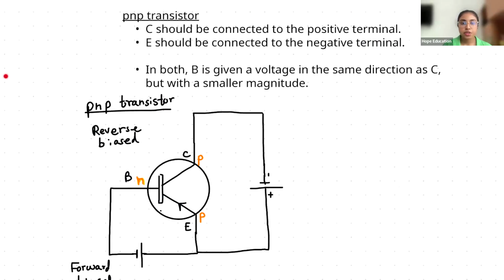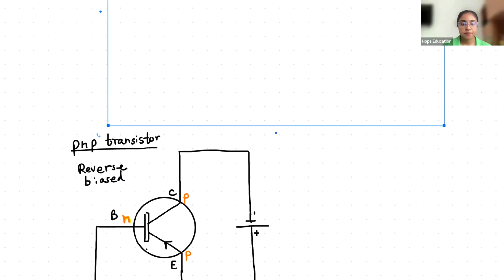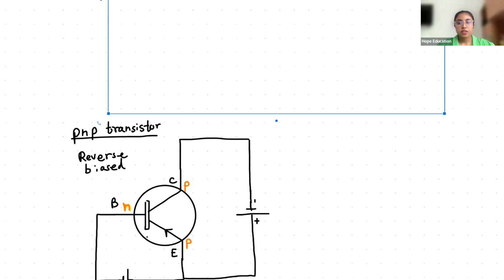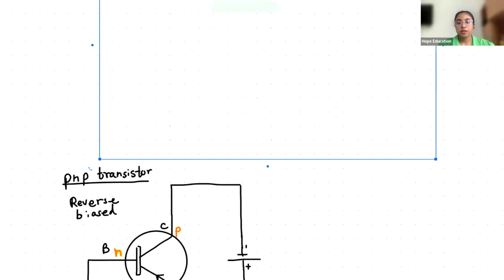Let's fix a small thing in the note. C should be connected to the negative terminal and E should be connected to the positive terminal. This should be the other way around. That's a little typo, I'm very sorry for that.